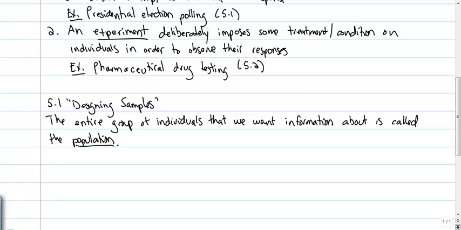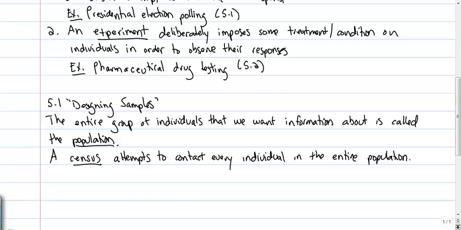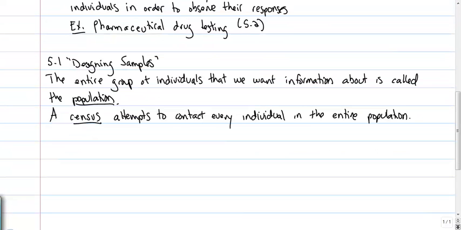When we try to contact every member of that population as part of our method of collecting data, we call that a census. So, a census attempts to contact every individual in the entire population. Frequently, we don't have the time or the money or the resources to try to contact every member of that population.